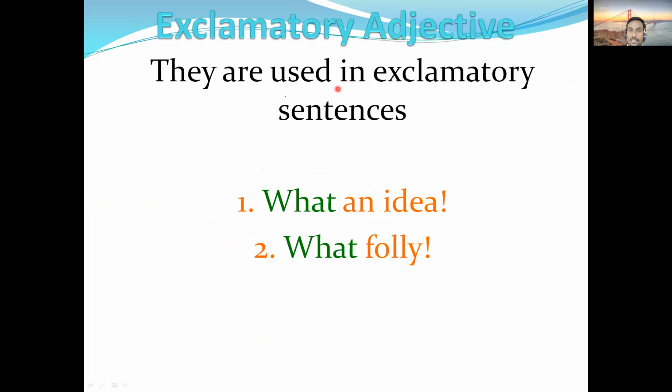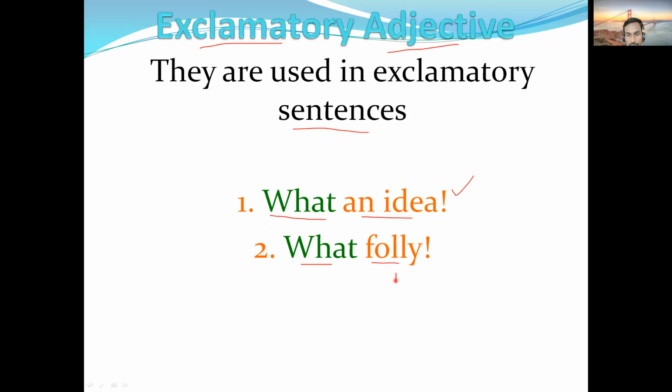Okay, this is the last type, which is exclamatory adjectives. They are used in exclamatory sentences. For example, what an idea. So here is an exclamatory mark. Therefore, this is not a wh-question here. Okay, it is not an interrogative adjective. Here it is exclamatory. What folly.